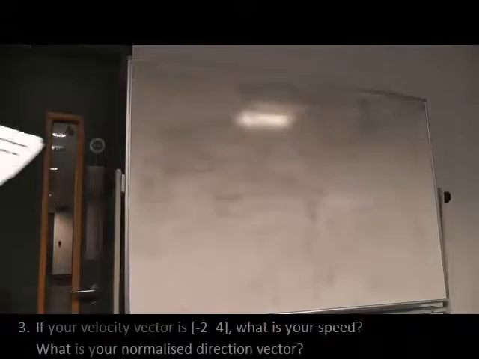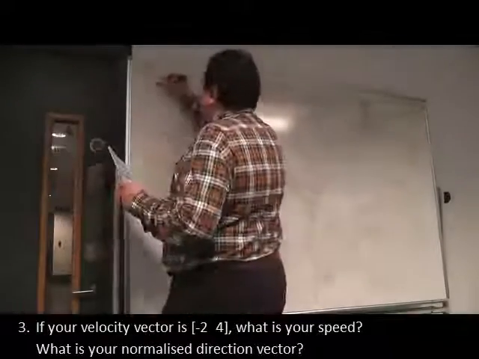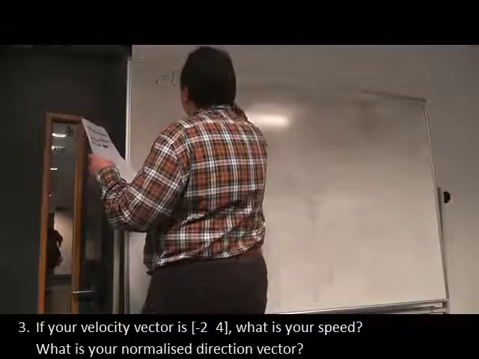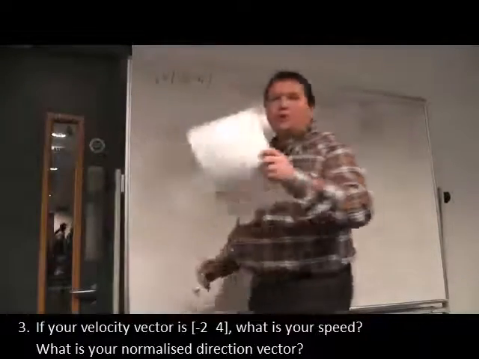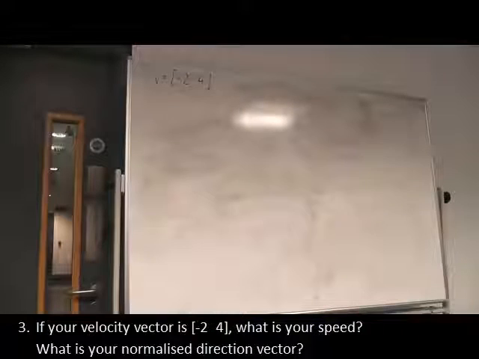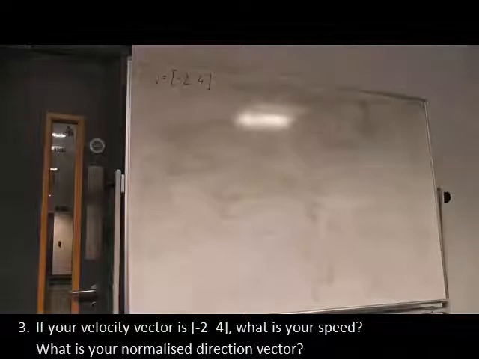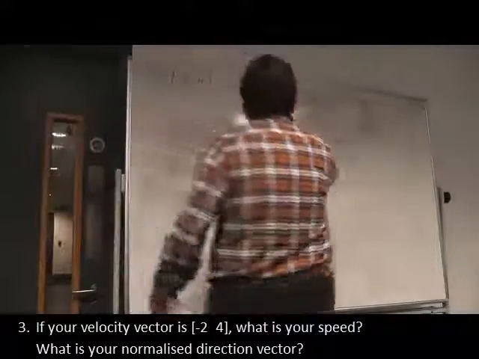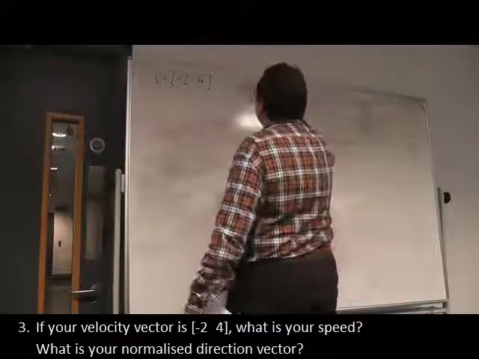Exercise number 3. Your velocity vector is minus 2, 4. What is your speed? This is one of the easiest questions in vector algebra. Many people didn't get it right in the test last week. The speed is nothing else but the magnitude of the velocity vector.